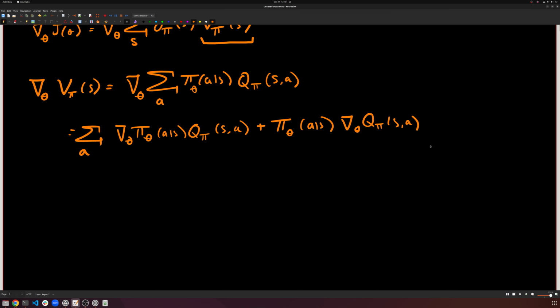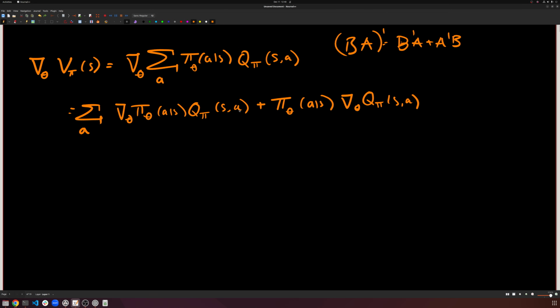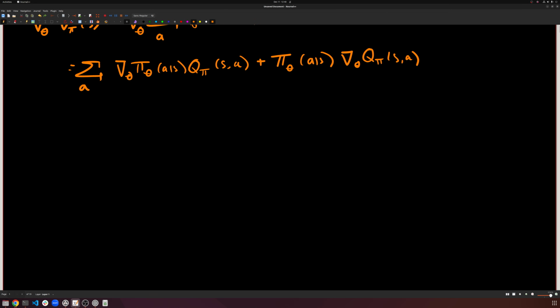That's our standard product rule in calculus: the derivative of b times a is b prime a plus a prime b. So again, that's our first step.